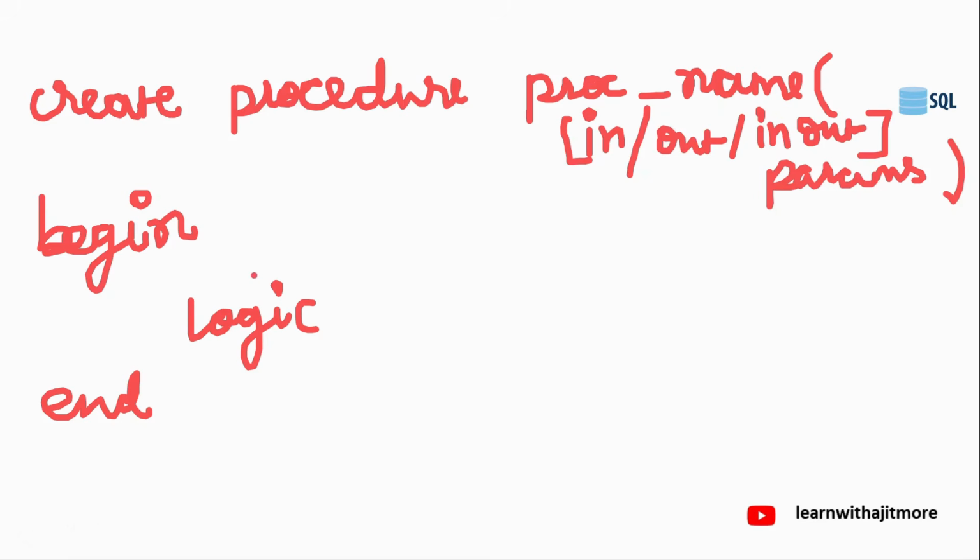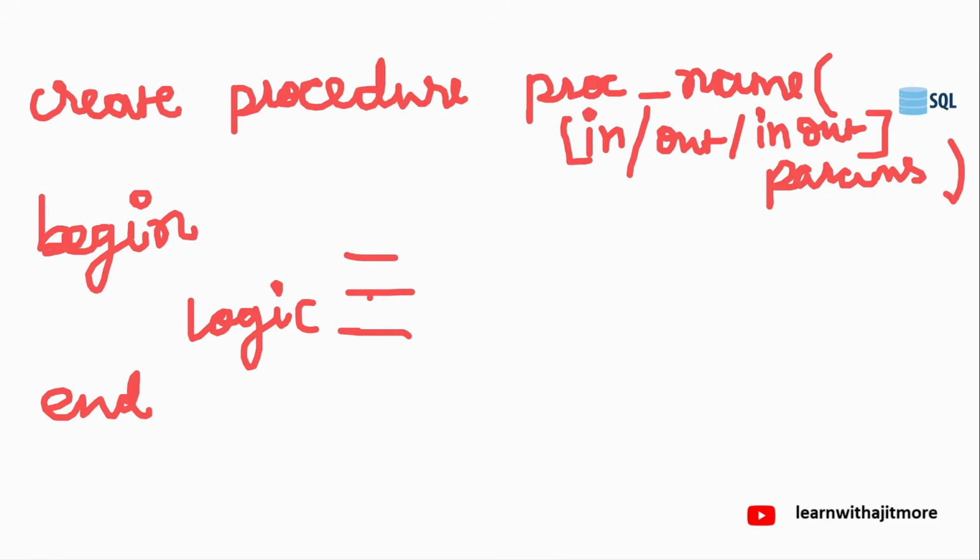If you want to create a temporary variable, then there is a DECLARE statement. I'll tell you all that. Then logic will be there, IF, ELSE, loops. Within that, there can be select, insert, delete, update. So between BEGIN and END, you may be writing many statements.